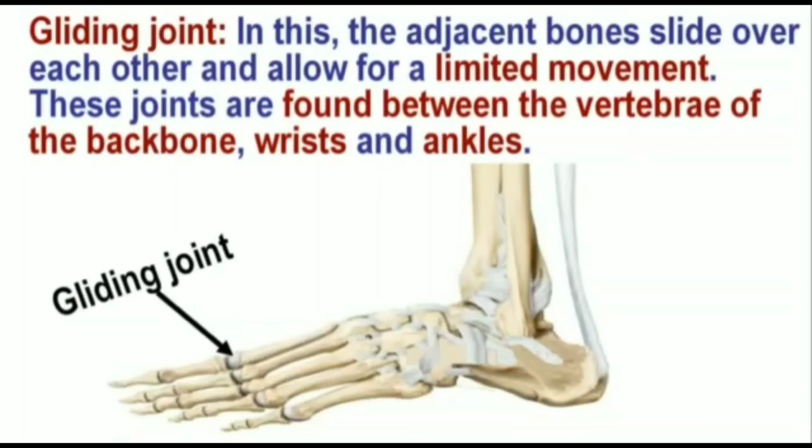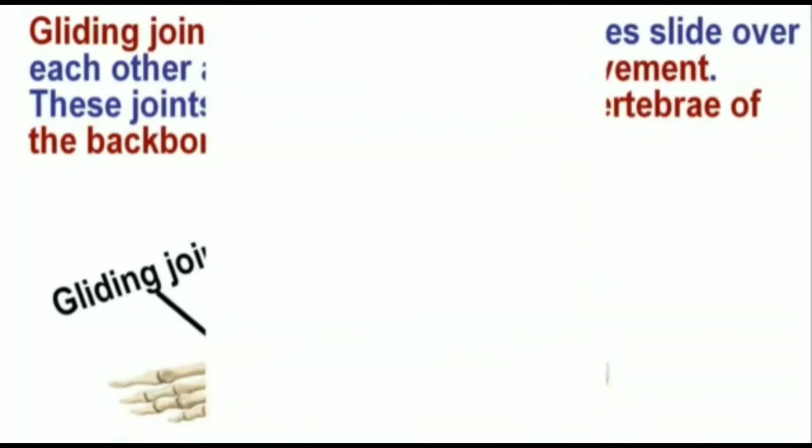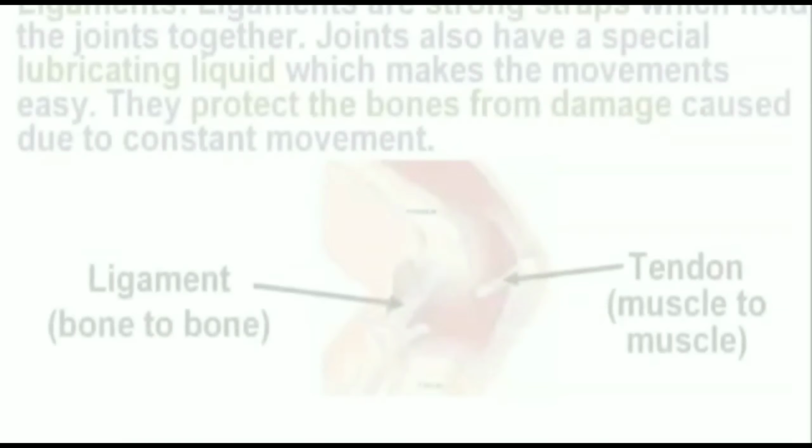These sliding joints allow small sliding movement in a gliding motion at the joints at the wrist, ankle and between the vertebrae of the backbone. We can say it allows the back to bend, twist and turn, such kind of movement.